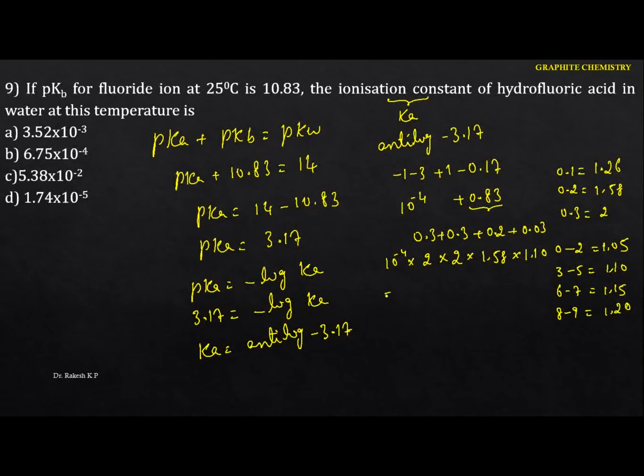If you do the calculation, we get 6.9 into 10 to the power of minus 4. The value is near to that, that means whatever value you get using a calculator is an approximate value. Hence, in this case, the option is B.